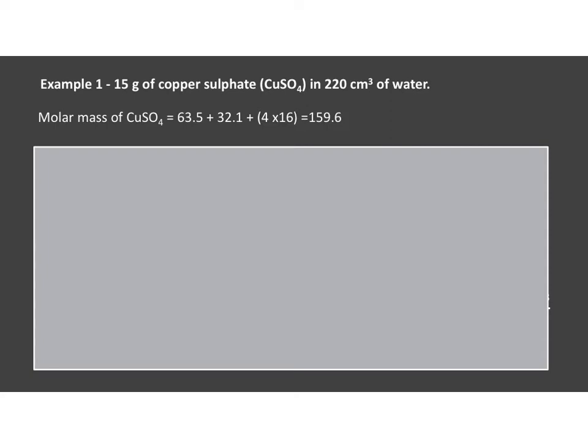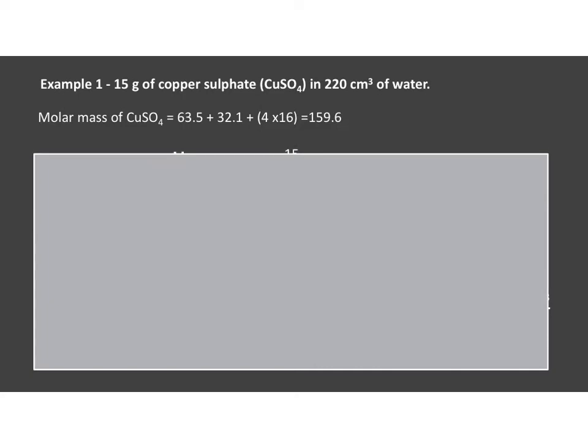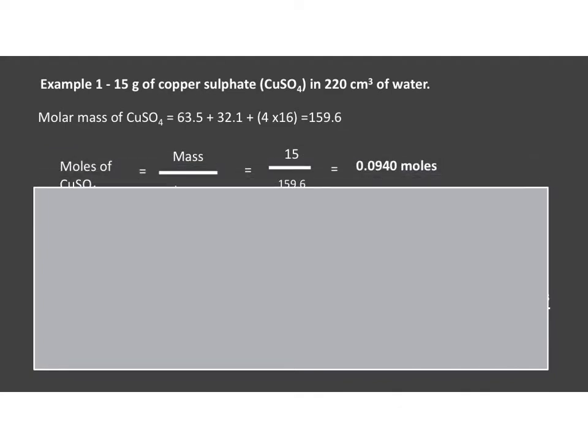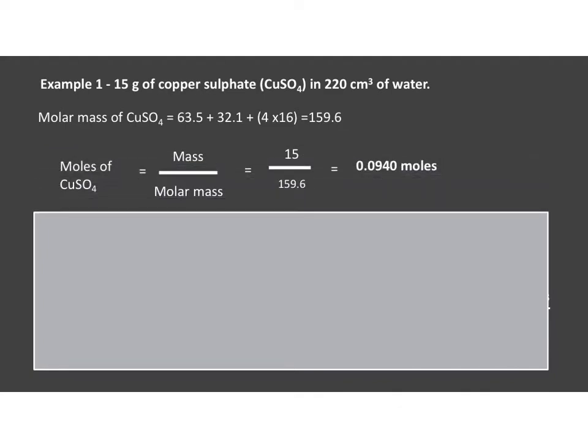So, molar mass of copper sulfate, I'm sure you're familiar with that by now. That's going to be 159.6. Now we need to find the number of moles. So we had 15 grams, so we have 15 divided by our molar mass, and that really gives us 0.0940 moles of copper sulfate. So we're halfway there.